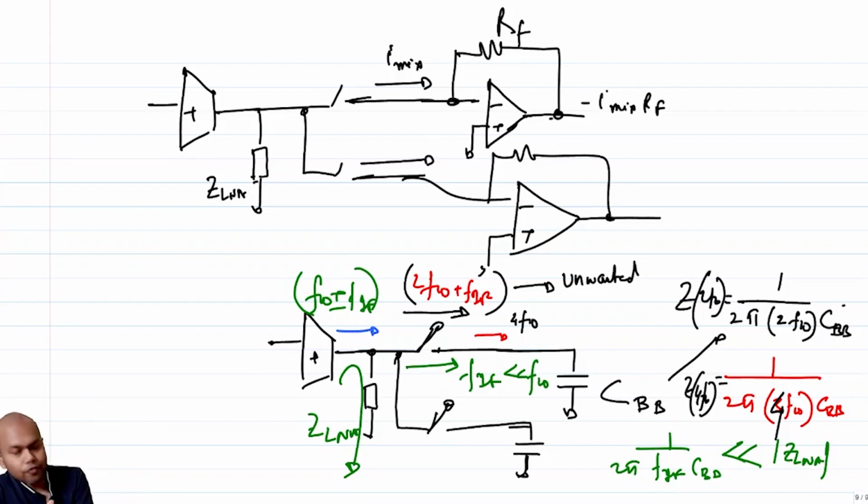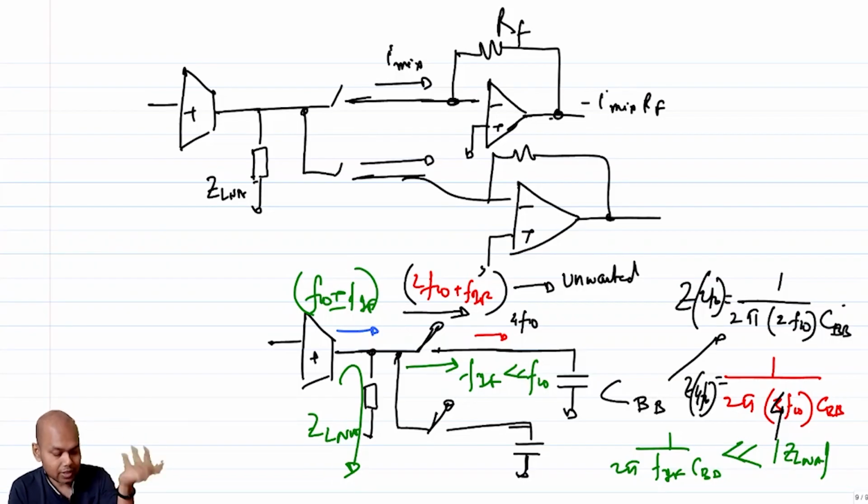And the rest of the signals, that is FLO, 2 FLO plus FIF, 4 FLO plus FIF, are going into the capacitor and get filtered out, right? So this is essentially selective filtering, a filtering of undesired signals, while the signal swing across the LNA will mostly comprise the desired part of the input.